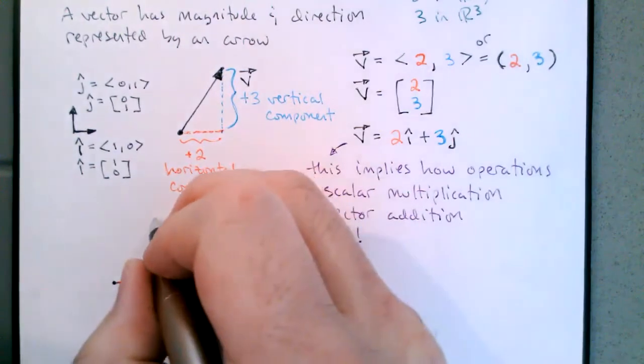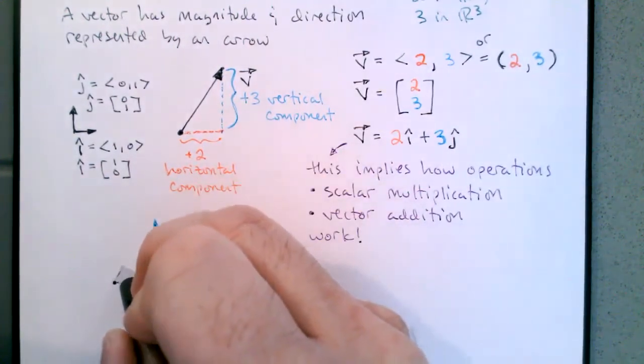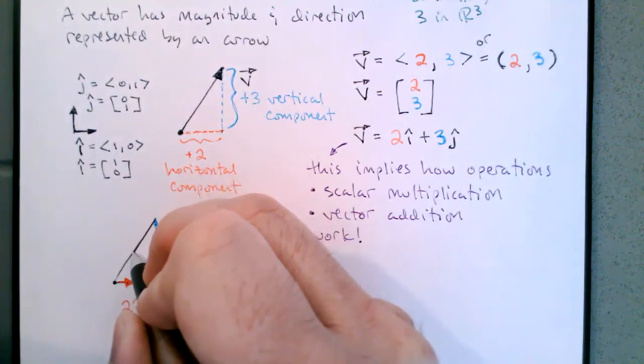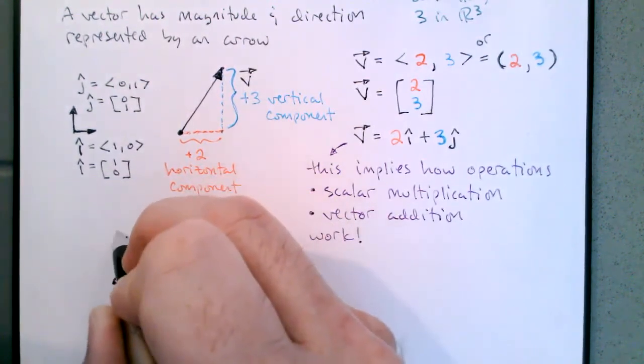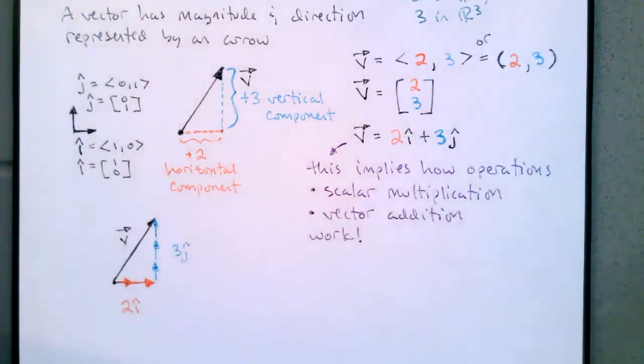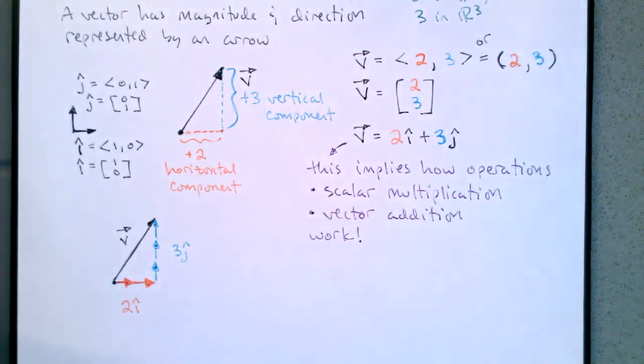And that's where I'll put the end of v. So to add vectors, we just stack them end to end. When we multiply a vector by a scalar, we just make it longer. So scalar multiplication stretches out and changes the magnitude of the vector, and vector addition could change the direction of the vector.